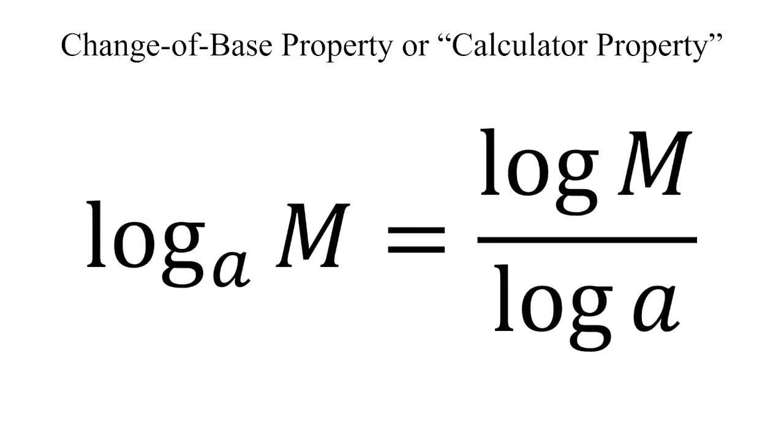Well, the change of base property says this: log base a of m equals log of m over log of a. This is what you put into your calculator, and your calculator will tell you what it is. That's why it's called the calculator property. So let's look at some examples of this.